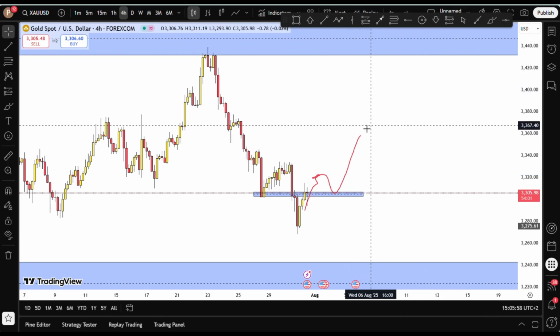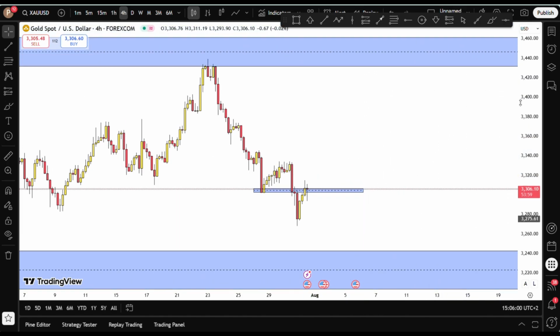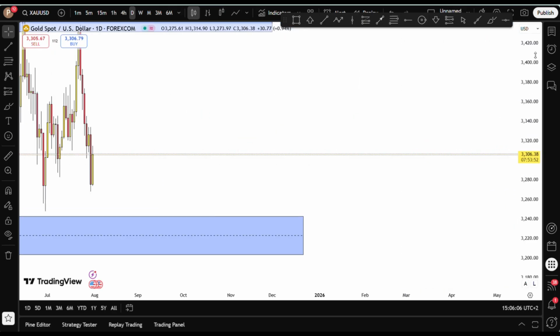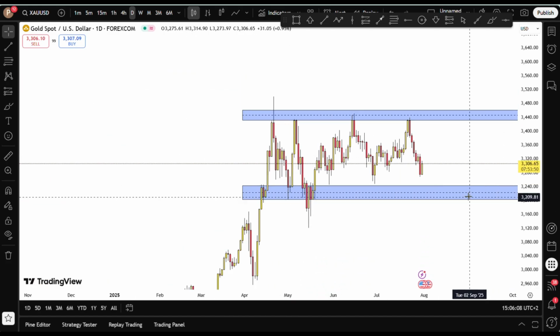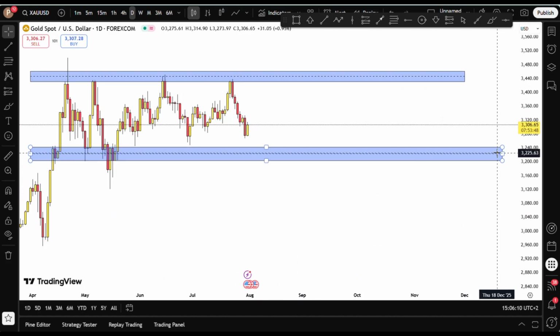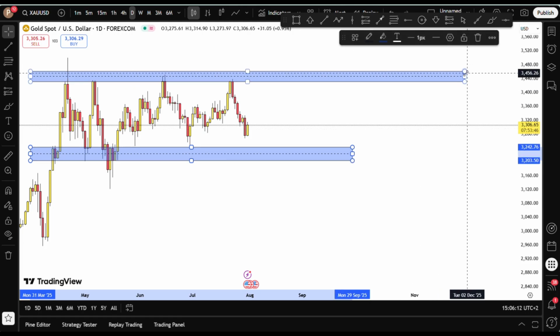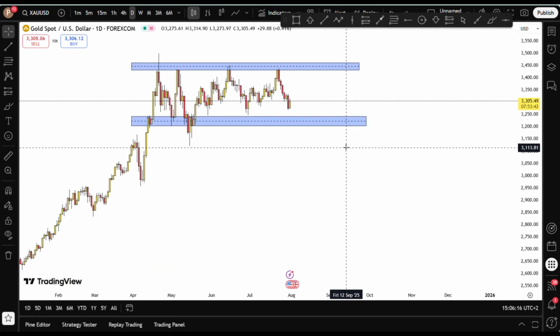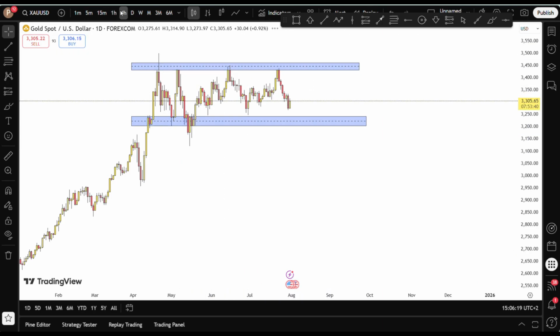So that's what is important. Gold right now is all about being patient and trying to identify key levels that are being broken and retested. That's it for me for gold.